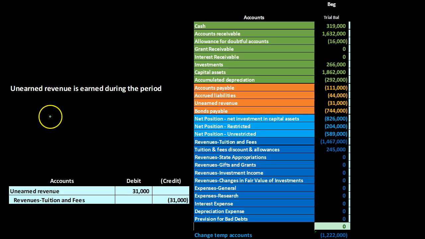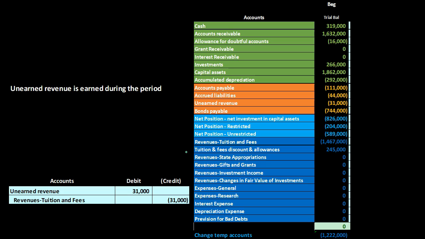Next transaction, we have the unearned revenue is earned during the period. This is going to be similar to a for-profit type of organization, in which case we have money that has been received, or possibly, in the case of a public university, some type of action that has taken place where we had to record the receivable, but had not yet earned it, and therefore couldn't record the revenue on the other side of the transaction.